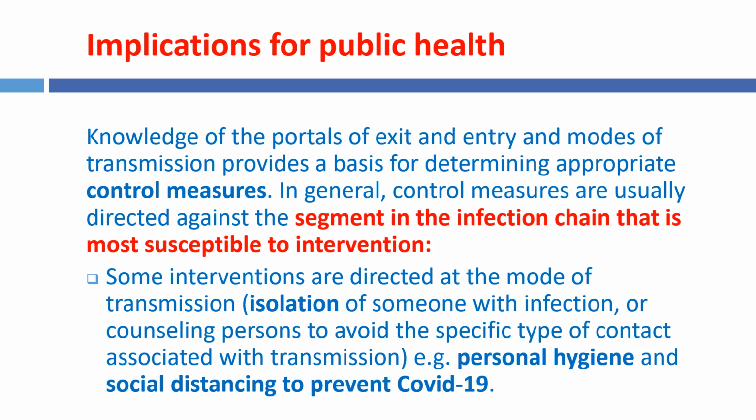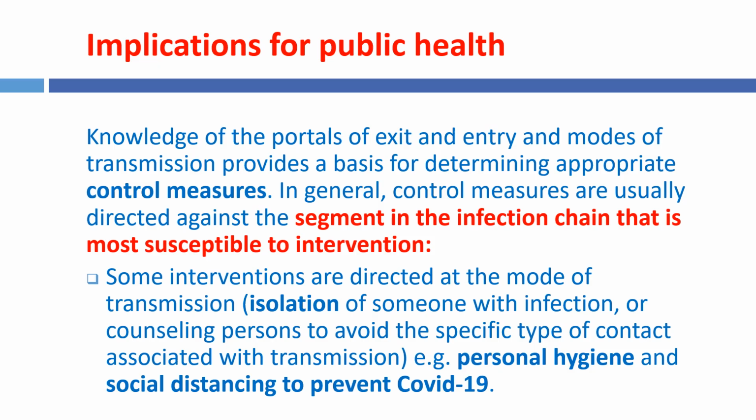Control means preventive measures. In general, control measures are usually directed against what? It is directed against the segment in the infection chain that is most susceptible to intervention. Any place in the chain that we can block or make a break can stop the infection sequence.